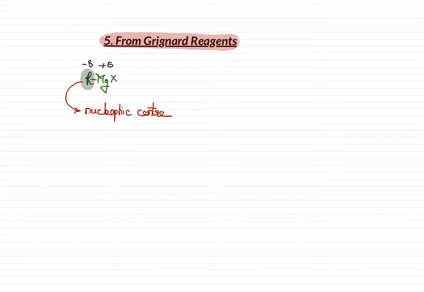Now, in order to get a carboxylic acid, we will have to allow Grignard reagent to react with carbon dioxide. So what we generally do is we take ethereal solution.